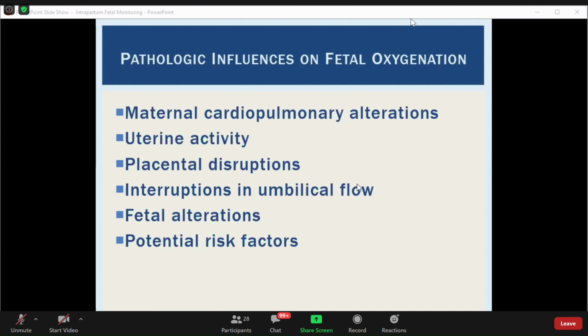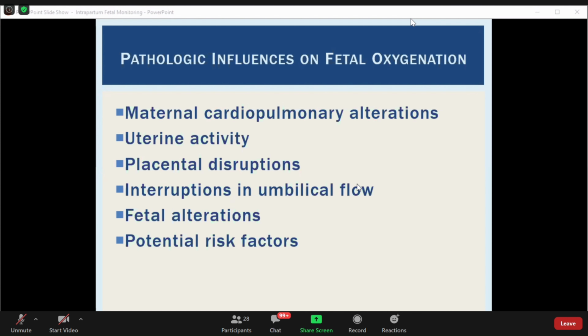So uterine activity, bringing us back to labor and delivery. Remember that when the uterus contracts, not only is the blood flow to the uteroplacental unit diminished, but the muscle itself contracts, so that further impairs placental perfusion.